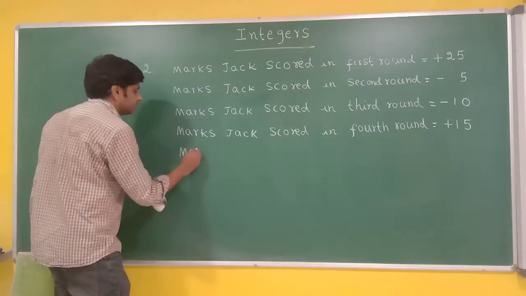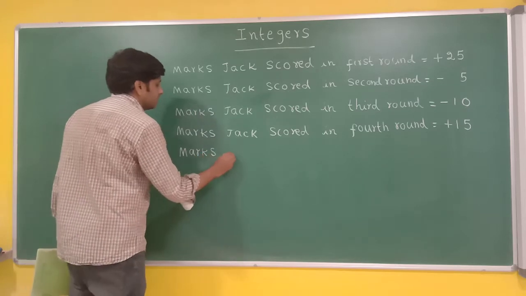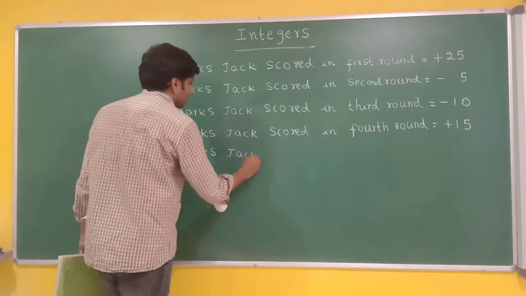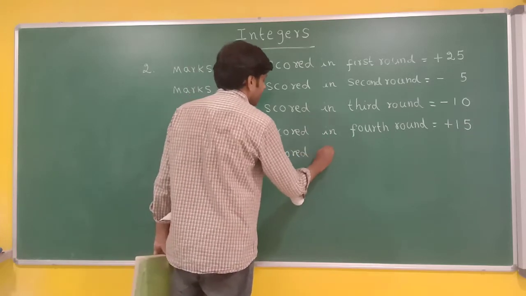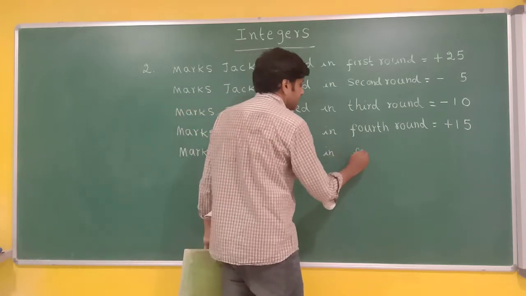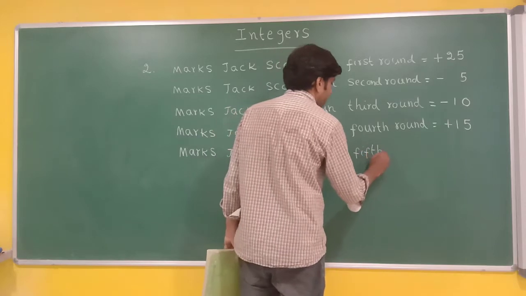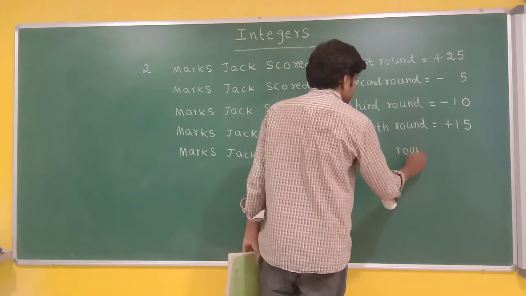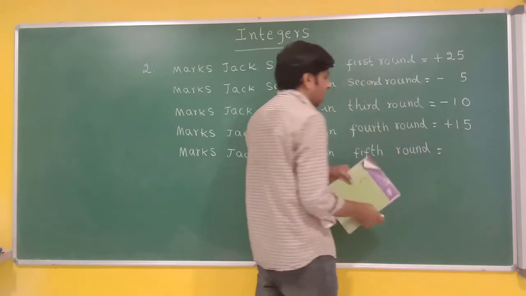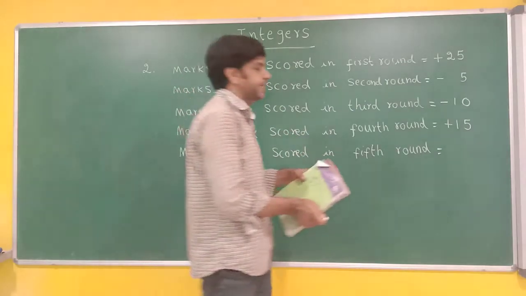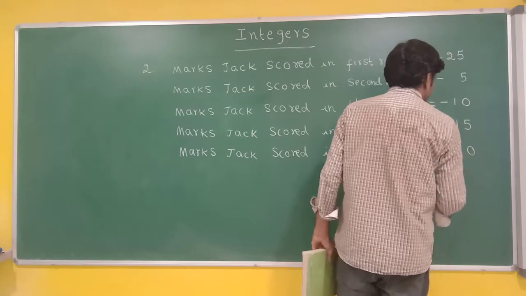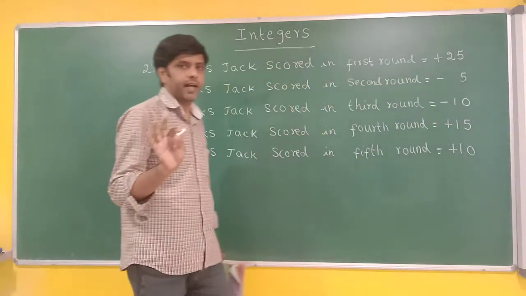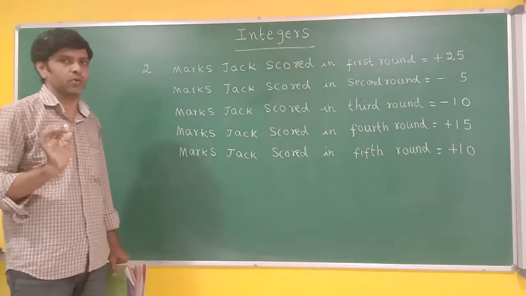Marks Jack scored in the fifth round, and this is the last round. How many marks did Jack score in the fifth round? It is plus 10. So 5 rounds are completed and we have written the score in each round.